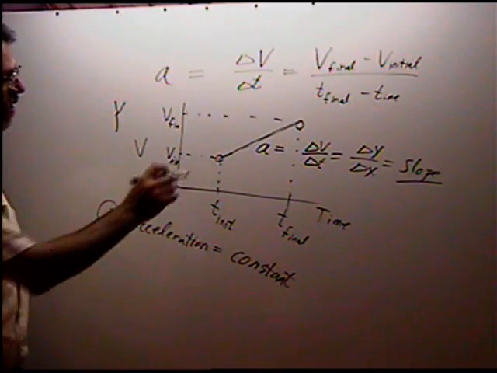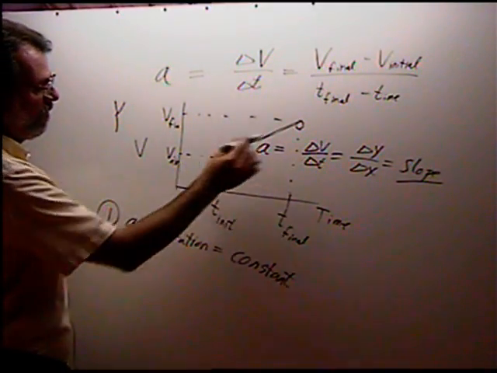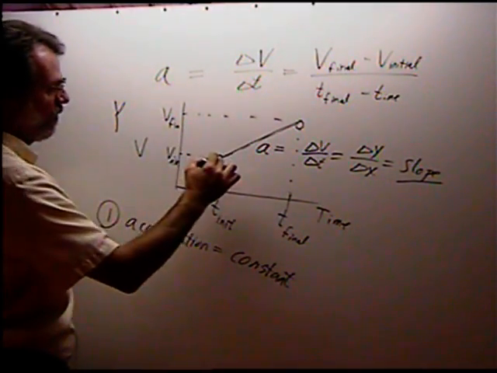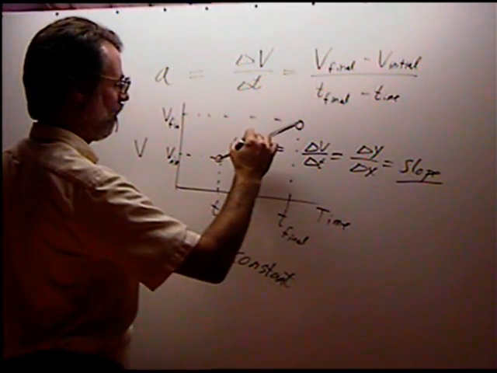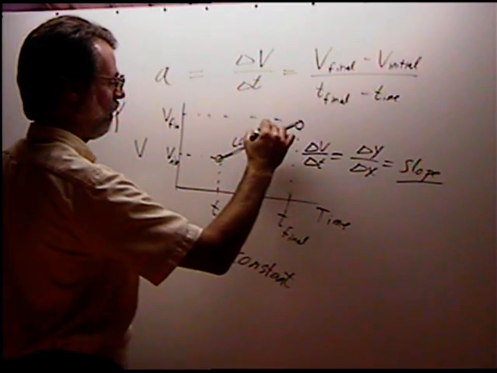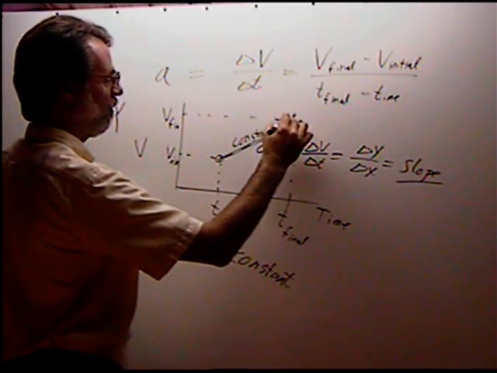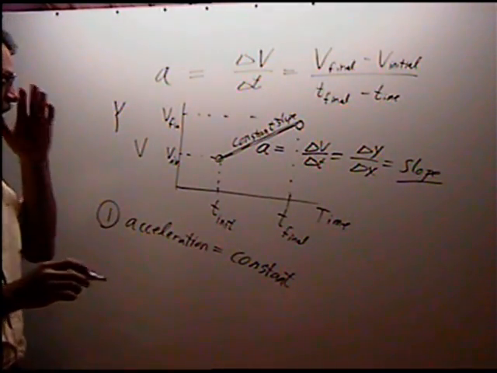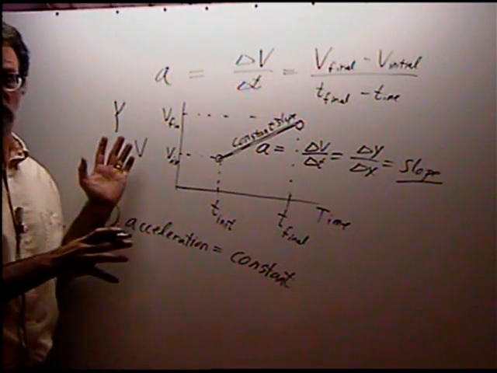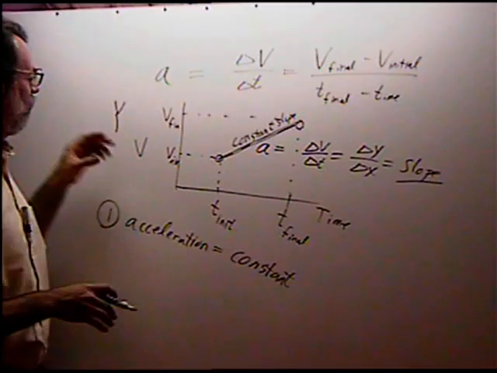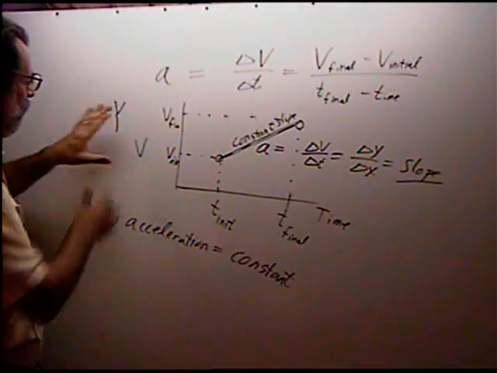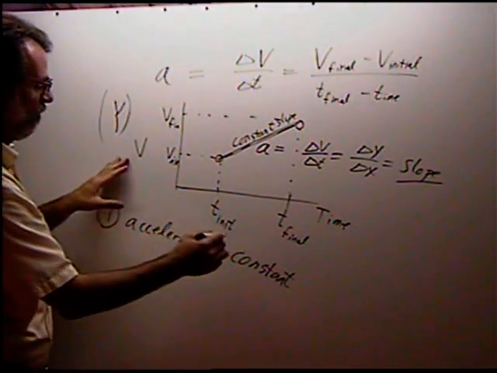Which means, from a slope point of view, that this acceleration is a constant slope. So if you think of it from a graphical point of view, all of these equations that we're going to go over in this chapter assume we have a constant slope, if we plot velocity versus time.